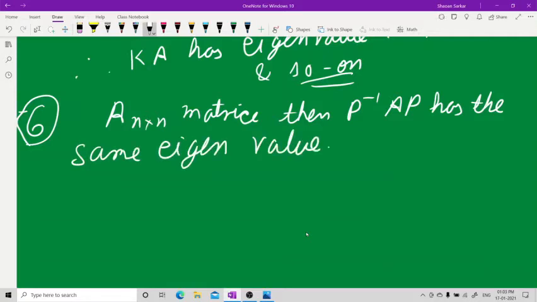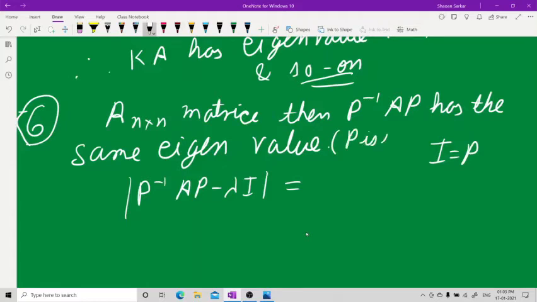This I want to show. So let me take the determinant of P inverse AP minus lambda I. I can be written as P inverse P, where P is an invertible matrix. Otherwise, I will not get P inverse. This is very, very important, that P must be invertible.